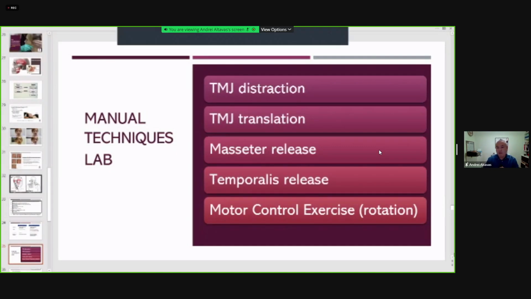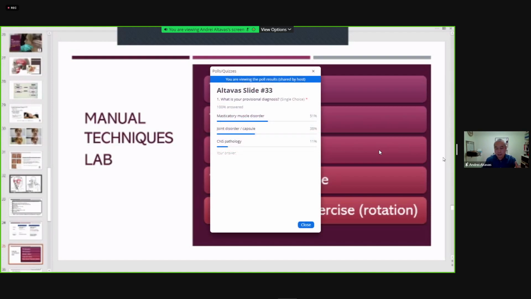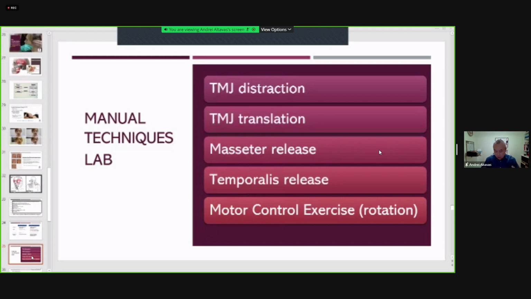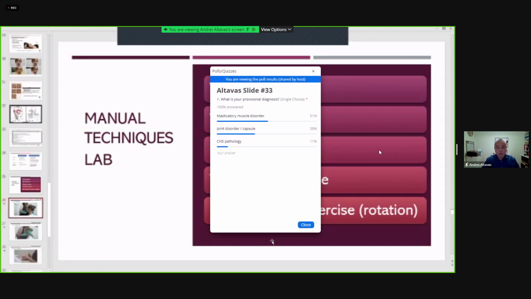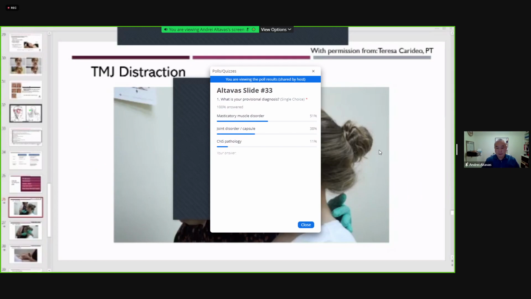So I'm going to show you five techniques. Three of these techniques, 1, 2, 3, we actually made video clips of, so that will show you more of the movement involved. All right, the TMJ distraction here.